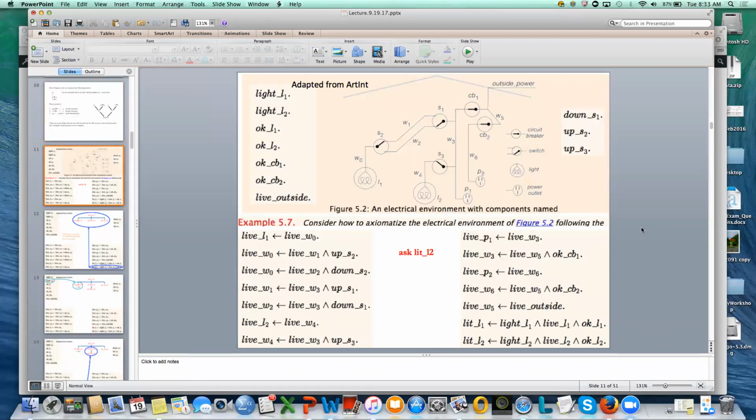But here is going through a couple of examples that the book goes in some detail. You can study this example. It's an illustration of how a system designer might go from knowledge about a domain to a set of propositions for purposes of reasoning, in this case diagnostic reasoning. So these are atomic propositions.